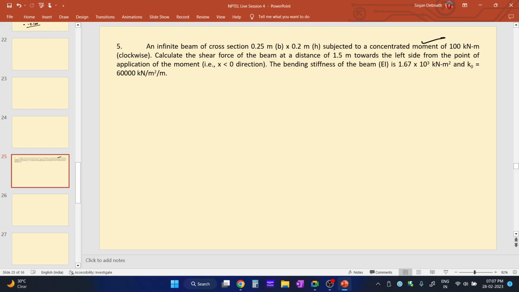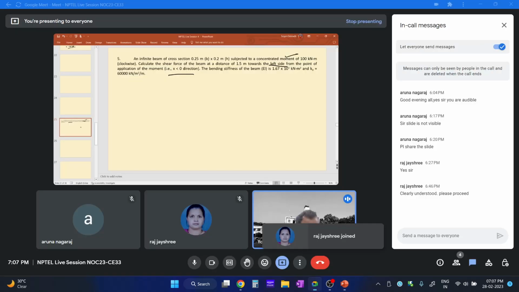Calculate the shear force of the beam at a distance of 1.5 meter towards the left side from the point of application of the moment. x equal to 0 means at the midpoint, x less than 0 means towards the left. The bending stiffness is the same and the subgrade modulus is also the same as in the last question.